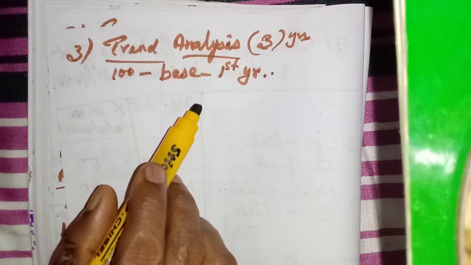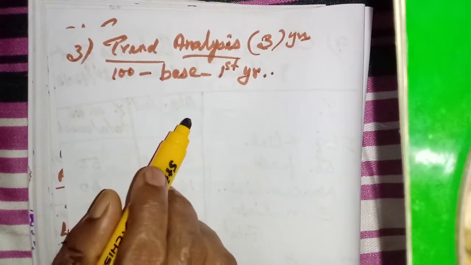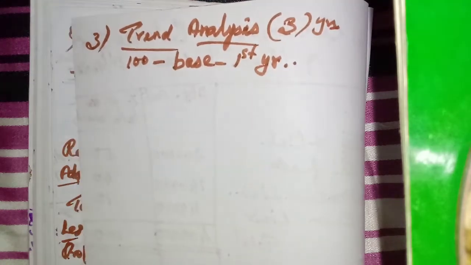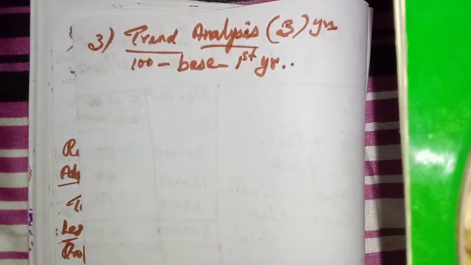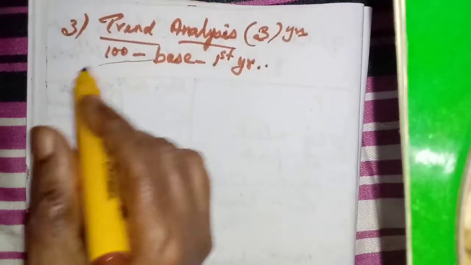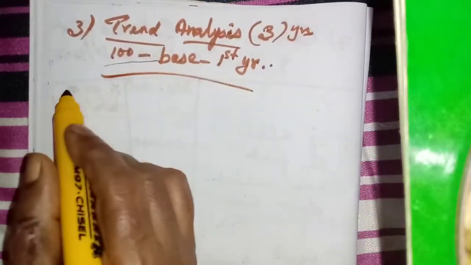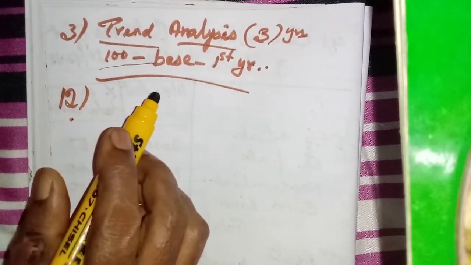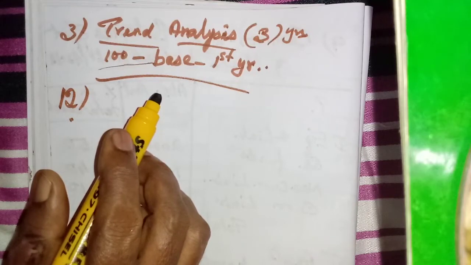Now we will see the next exercise in trend analysis, the 12th one. 12th exercise is on page number 290.